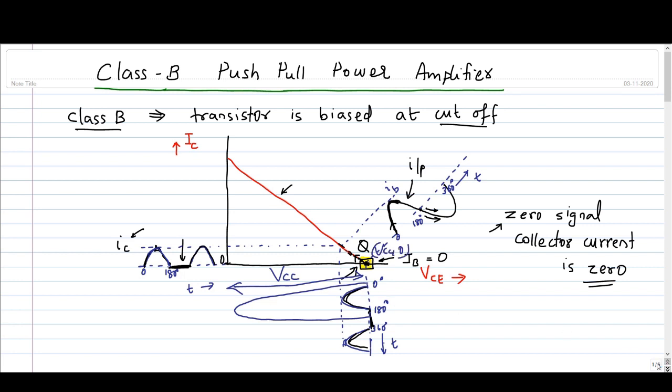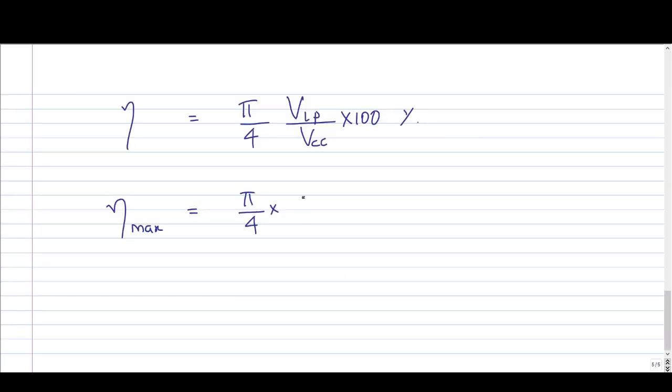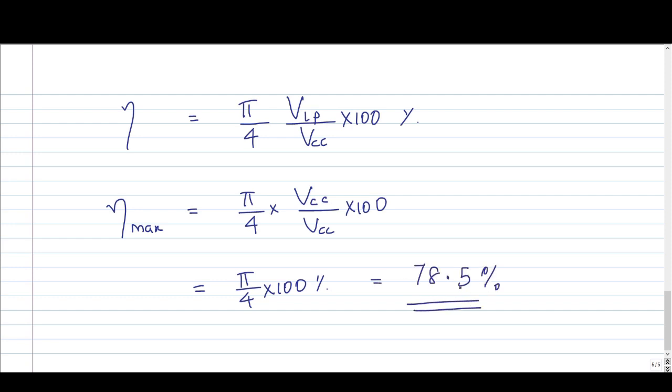So maximum possible swing is VCC. If we substitute the value of maximum possible VLP here, that is VCC, we will get the maximum conversion efficiency. So it is pi by 4 into 100%. So if you do the calculation, you can see that it is around 78.5%. So the maximum possible conversion efficiency in class B push-pull power amplifier is 78.5%.